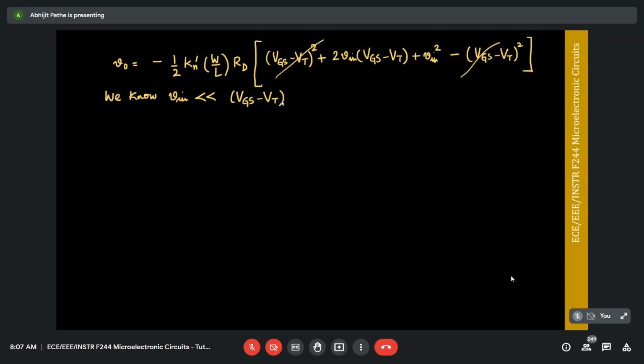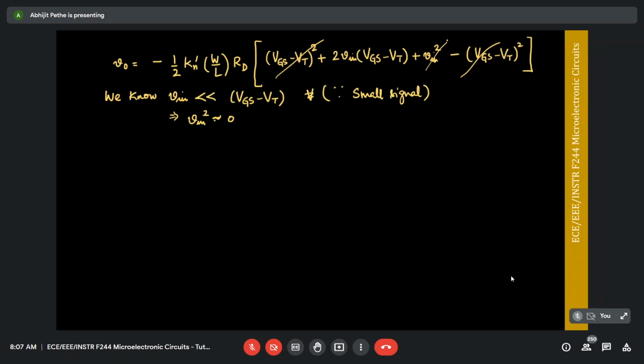This is small signal, which means your input and output signals are all going to be smaller compared to the bias voltages that you have. When we have a condition like this, I can ignore the square term with respect to the linear term. Therefore Vin squared I'm going to approximate to 0.